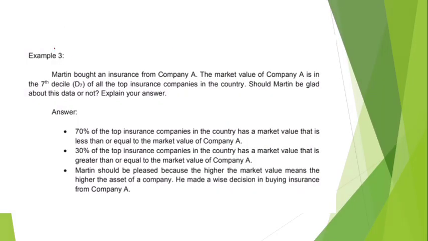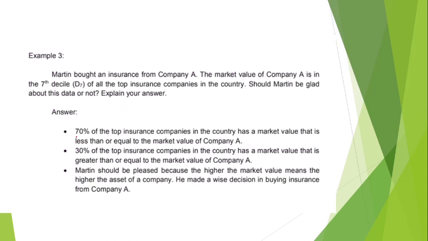Next, example 3. Martin bought an insurance from company A. The market value of company A is in the 7th decile or D sub 7 of all the top insurance companies in the country. Should Martin be glad about this data or not? Explain the answer.